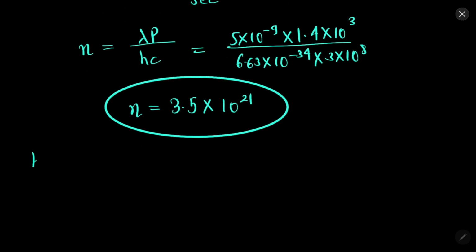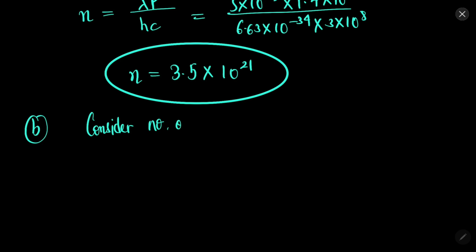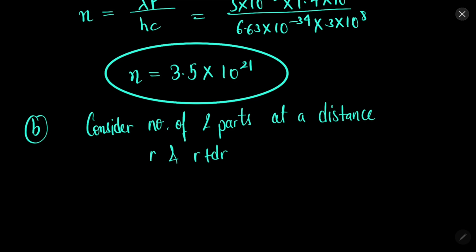Now the second part. Here we need to find the number of photons per meter cube. So let's consider two points at distances r and r plus dr from the source.